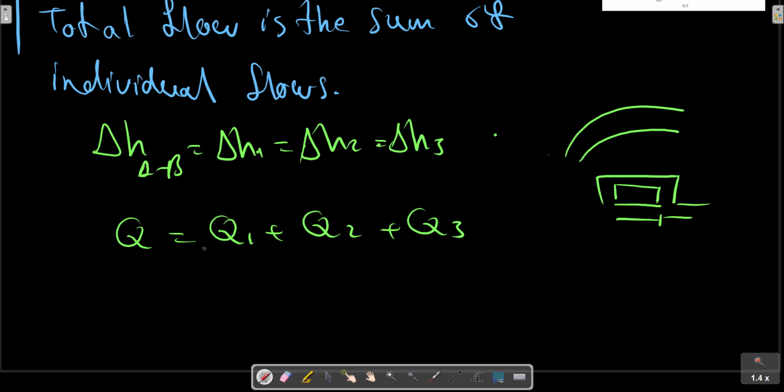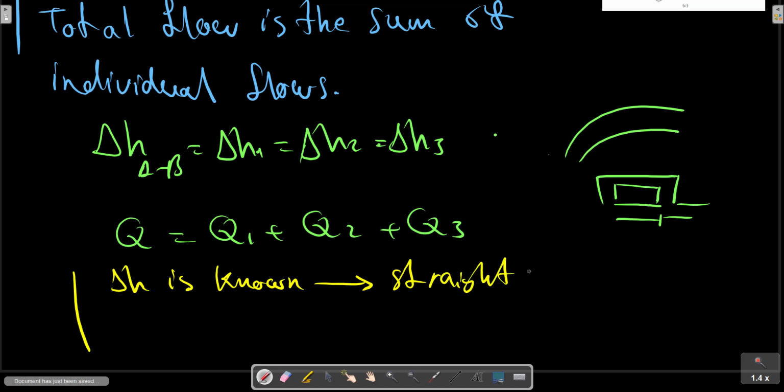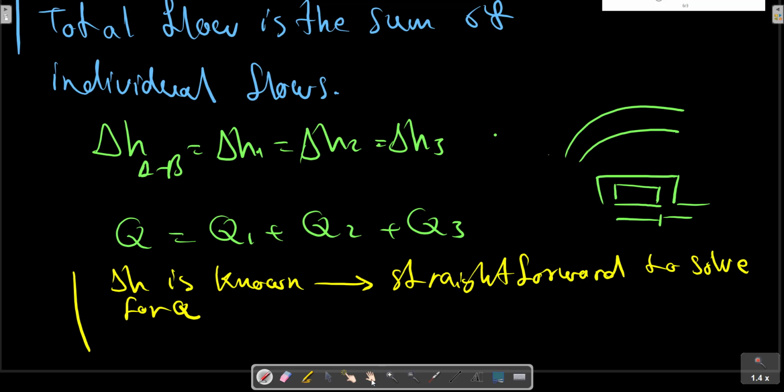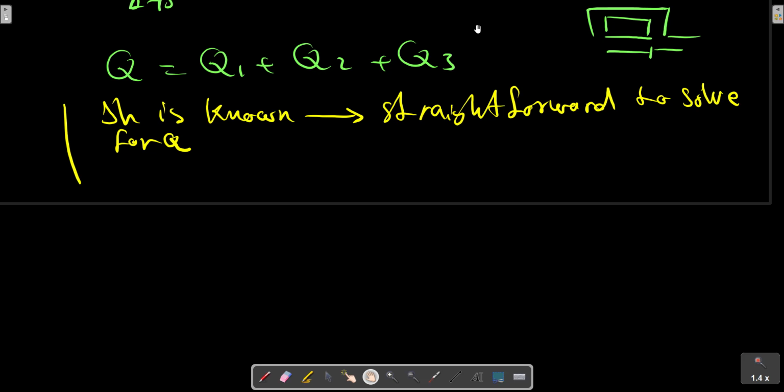If the total head is known, it is straightforward to solve for Q. The second problem, determining the summation of the flow rates when the head loss is known, requires iterations.